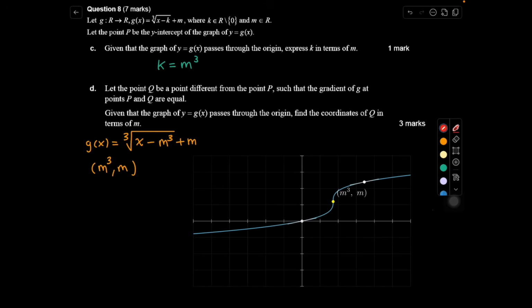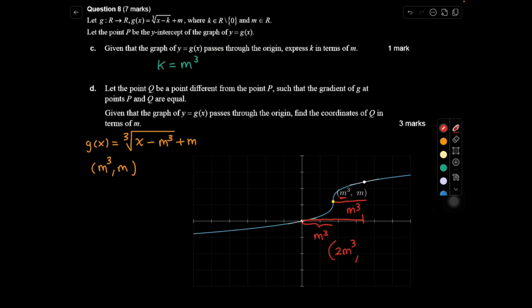So to get our answer, it's very important that we understand the symmetry that goes this way. So no matter what our value of m is, those 2 points with the same gradient are always going to be symmetrical around this point. So if this length here is given by m cubed, well then by symmetry, this also has to be m cubed. So overall, that has to be 2m cubed.